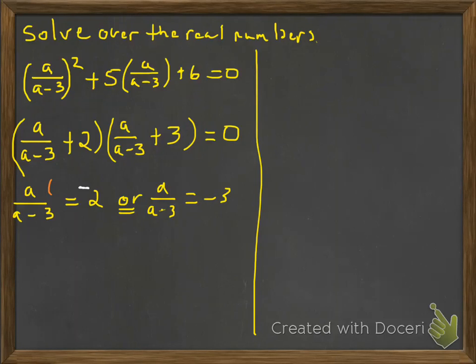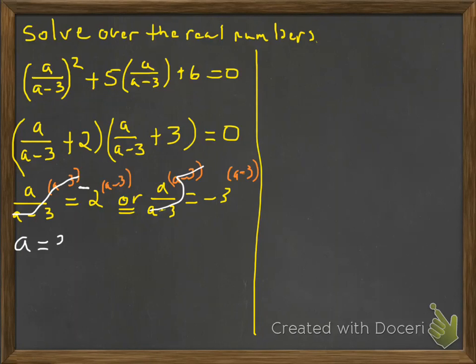Now on both of these we're going to go ahead and clear the fractions, so we're going to multiply both sides by the LCM, which is a minus 3. So we're going to multiply both sides by a minus 3. Okay, so the a minus 3 is absorbed, and what we're going to have left on the first equation is just a on the right side.